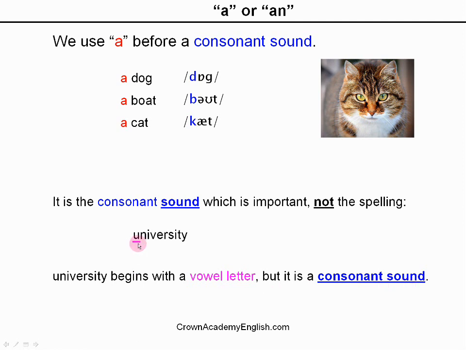So the letter U is a vowel letter, but let's look at the pronunciation. We pronounce it university. It is a consonant sound. So we use a as the indefinite article. We say a university. We treat it as a consonant.